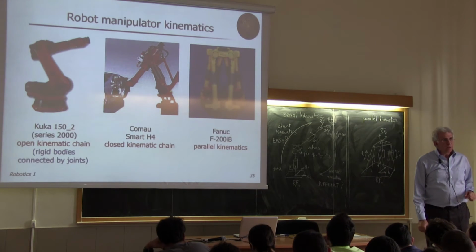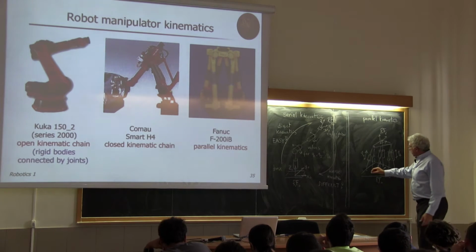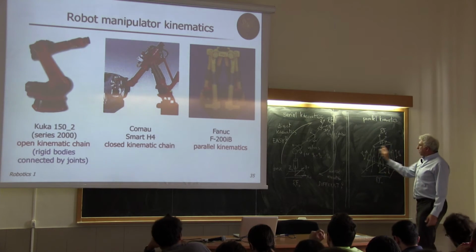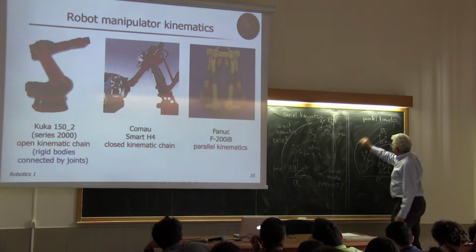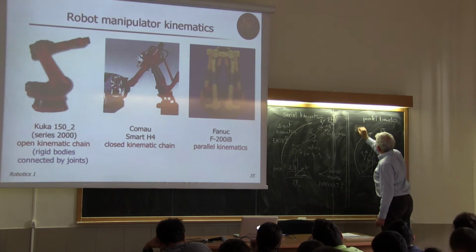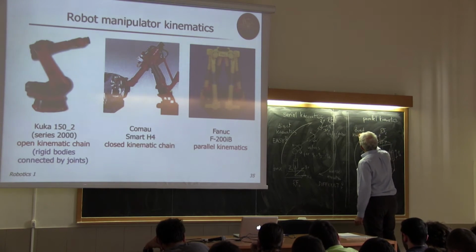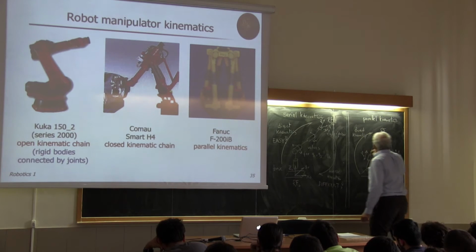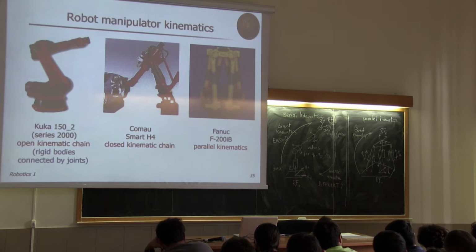Okay? Now, we can pose ourselves the same problem. So if I'm giving values to this Q1 to Q6, can I compute the direct kinematics and characterize position and orientation of the end effector frame? Yes, I can.